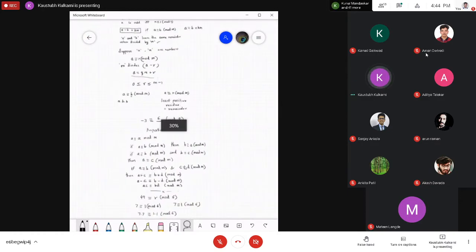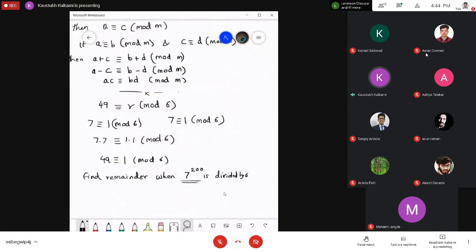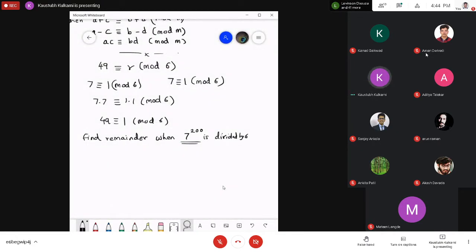Okay, the concept that we are reaching is called modular exponentiation, and it is very useful in cryptography. Modular exponentiation. Okay, so you have some number which is raised to a huge exponent, and then you have to find its mod, the remainder, basically.